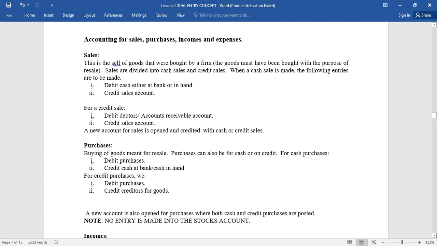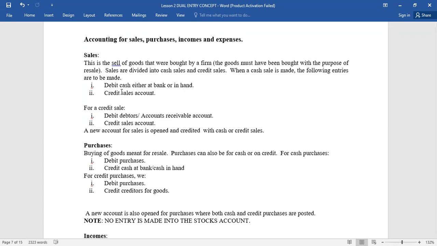Are you getting? So when cash increases, we debit. You can see we are coming back to our rules. But now, our sales account, we are going to credit our sales account. Are we there?